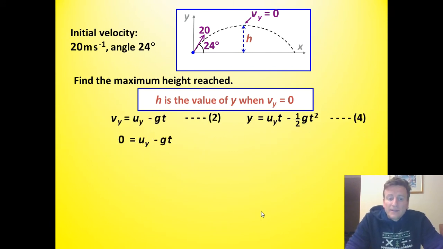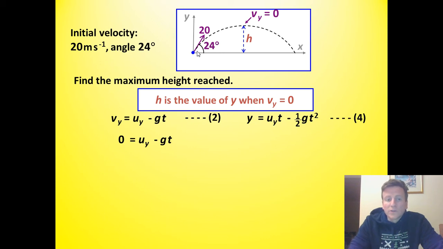So basically it's then a case of just subbing in. We've got our uy take away gt, although the problem that we've got here is that we don't know the y component of our initial speed. We've got 20 meters per second at 24 degrees. This comes back to what was in the starter task, where we can think about v sine, so if it's the vertical, in the y direction, we're going to do 20 sine 24.